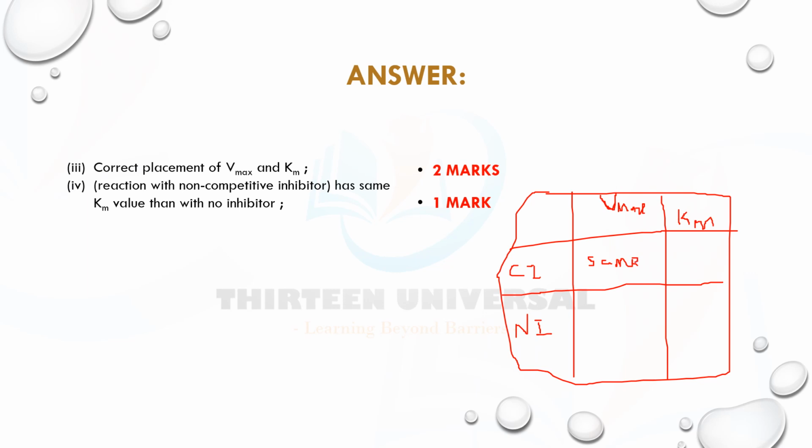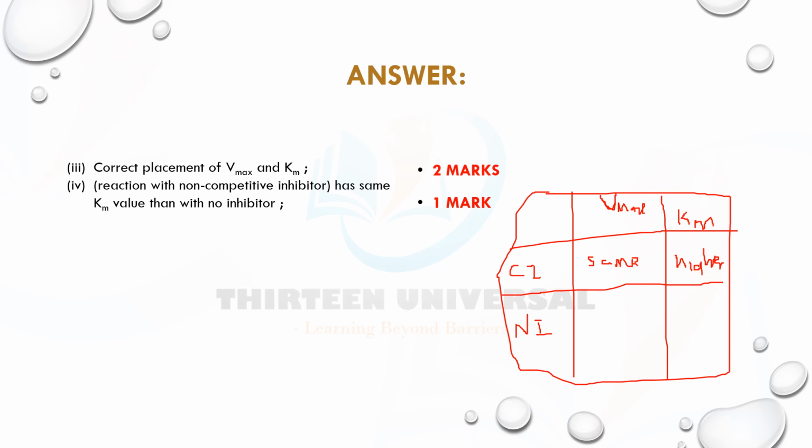Km is higher, it increases if you use a competitive inhibitor. That means the enzyme activity will be low, because Km is inversely related to enzyme activity.